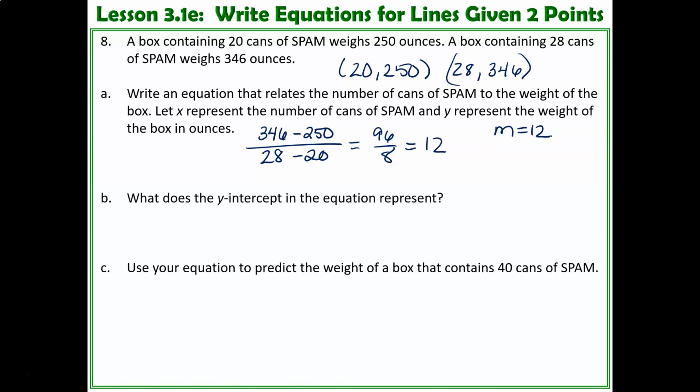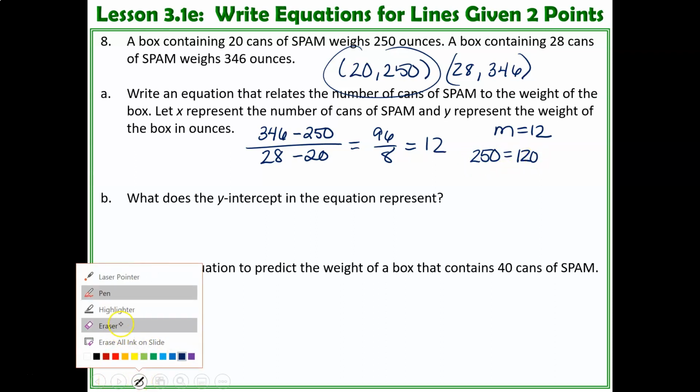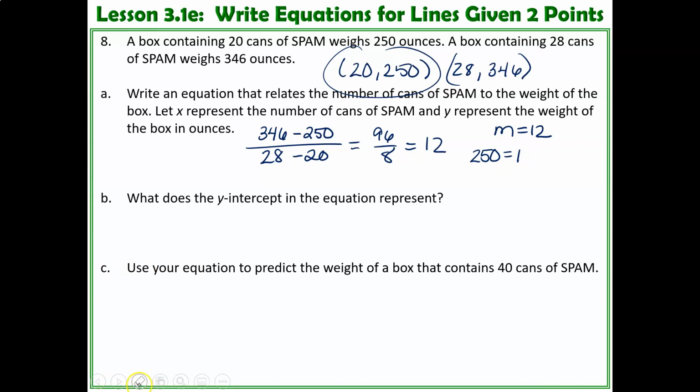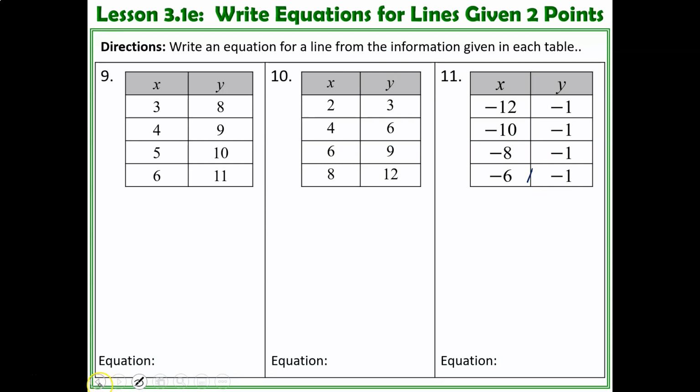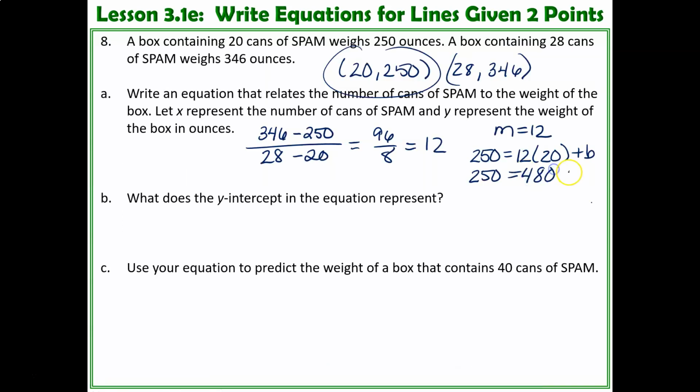Now we're going to take one of those points and plug it in. So I'm going to use this one. So I have 250 equals 12 times 20 plus b. Oops, got carried away with the zeros. 12 times 20 is 480 plus b.